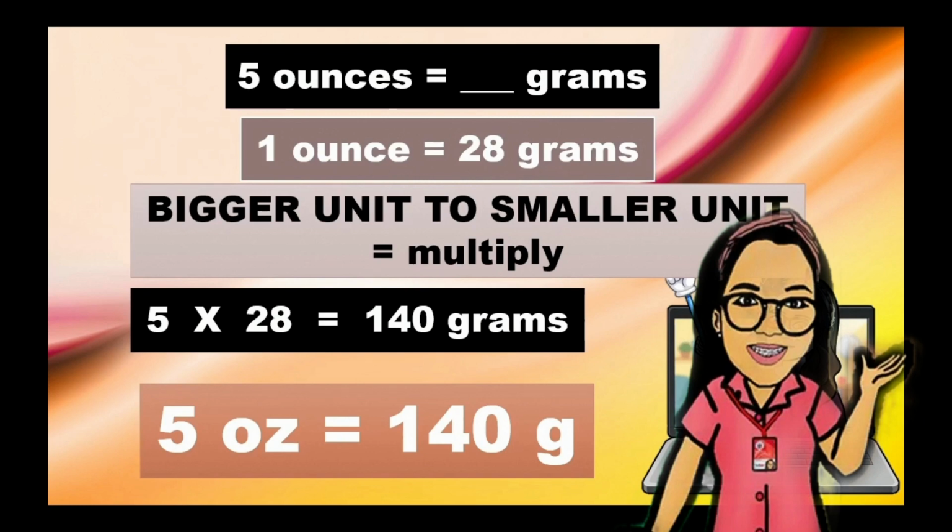So ounce is bigger than grams. Therefore, we are going to use the mathematical operation multiplication. So you will just multiply 5 to 28. 5 times 28 is equivalent to 140 grams. So our answer is 5 ounces equals 140 grams.